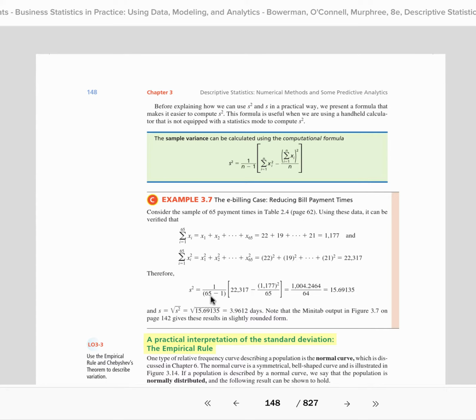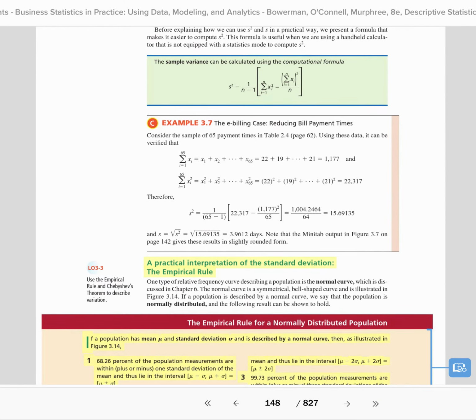Then you square the sum and divide it by the number of items you have, 65 for example. In that case, you divide the squared sum by the number of items and subtract it from the sum of the squared items in your data set. Then you divide by n minus 1, the total number minus 1. And this is an easy way to do it by hand or by using a calculator.